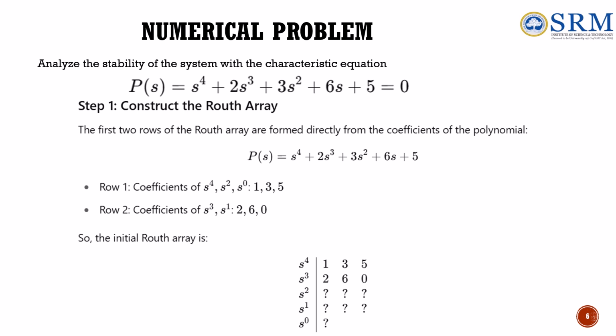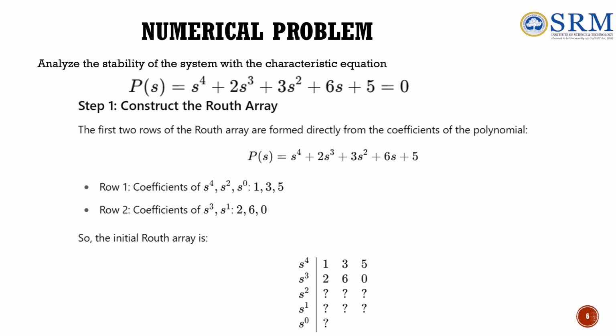To analyze the stability using the Routh array, the first step is to construct the Routh array. The first two rows are formed directly from the coefficients of the polynomial. Our characteristic equation is s^4 + 2s^3 + 3s^2 + 6s + 5. For row 1, we take the coefficients of s^4, s^2 and s^0: 1, 3 and 5.